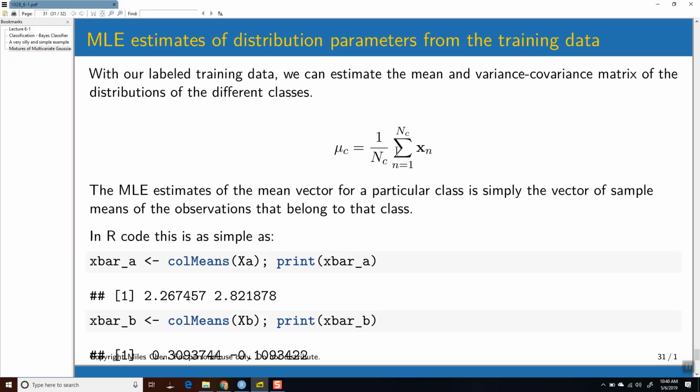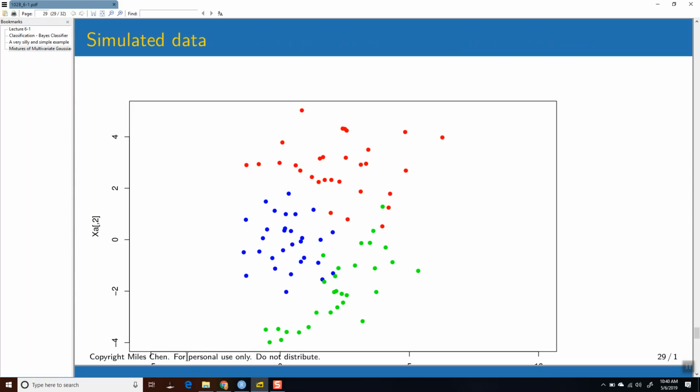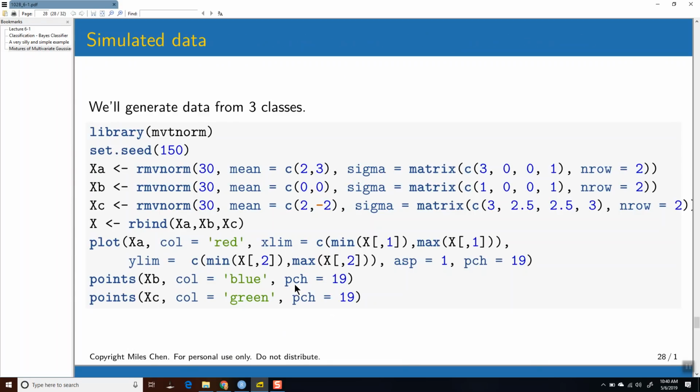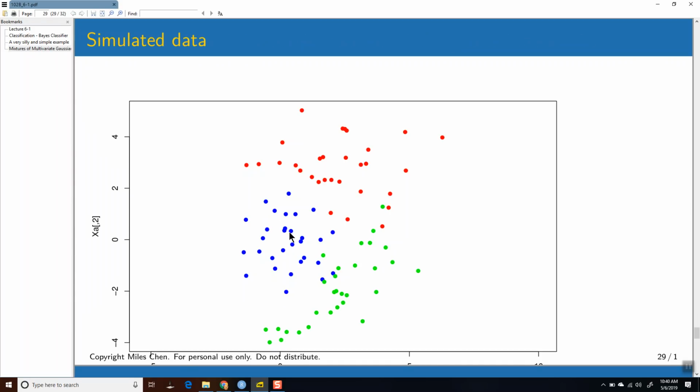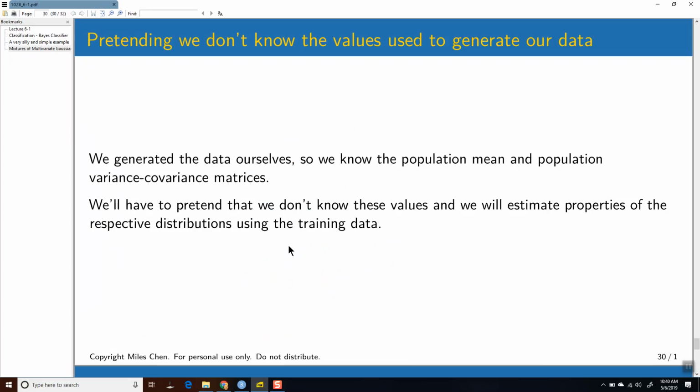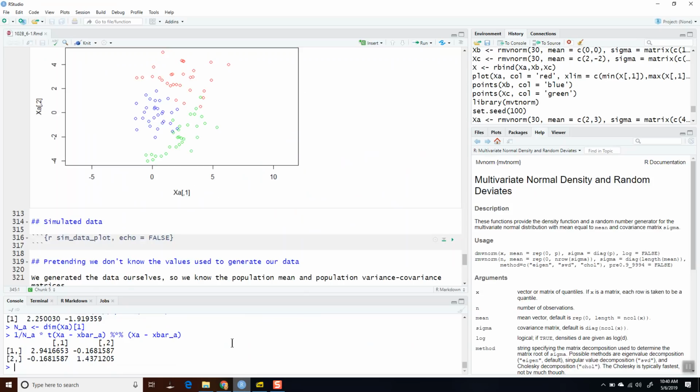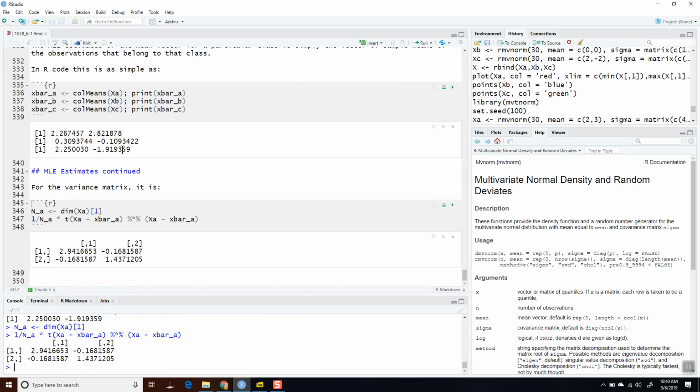We do the same for class B. Our training data is all labeled, so we take our labeled data and calculate the mean of the blue dots, and we get something a little bit different. We get not quite 0, 0, but 0.3 and negative 0.1.